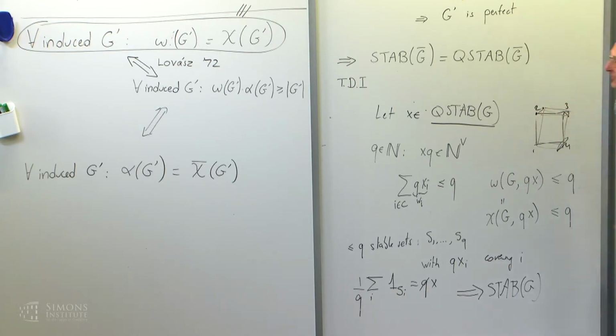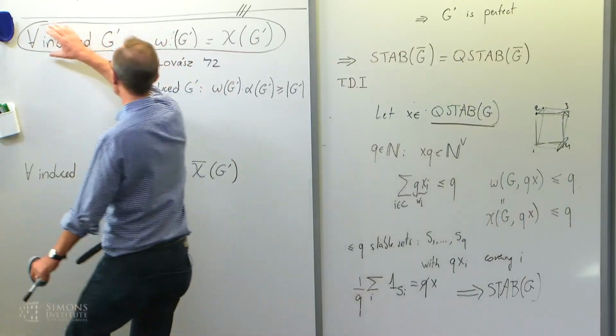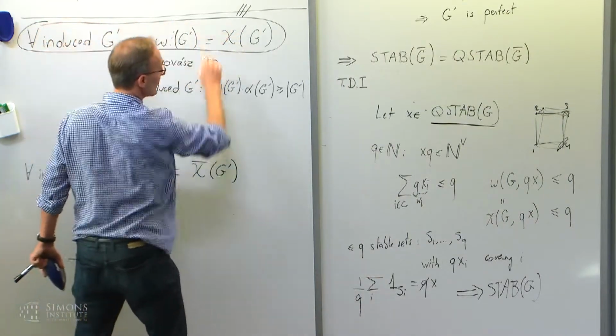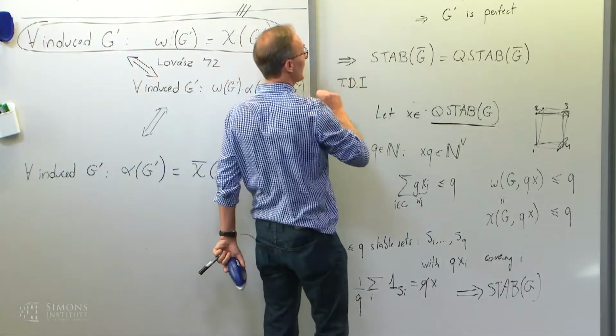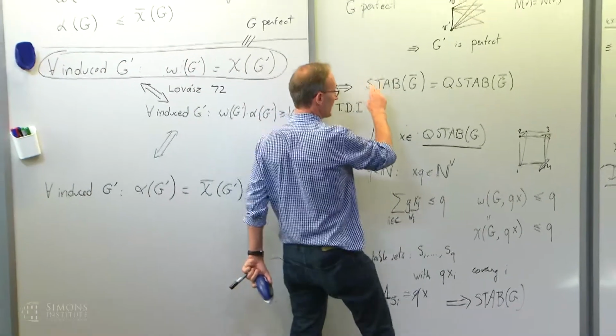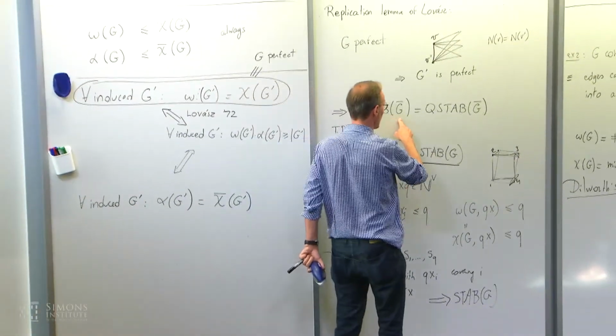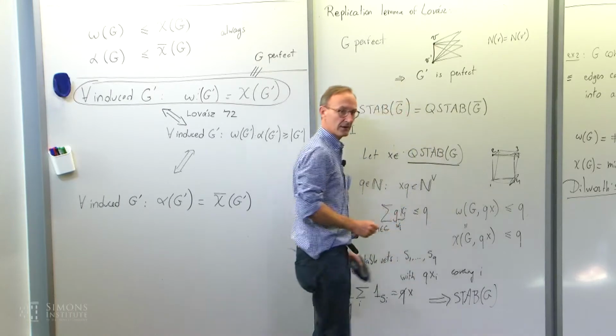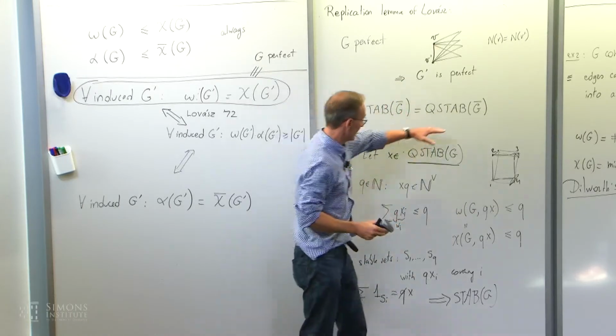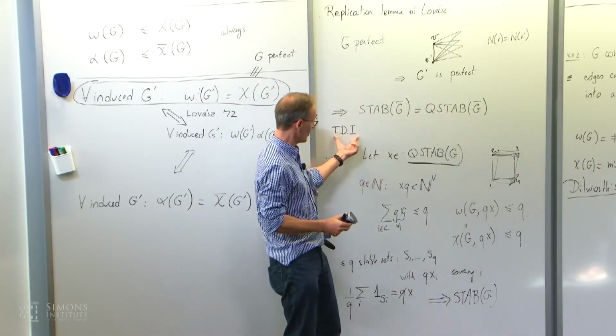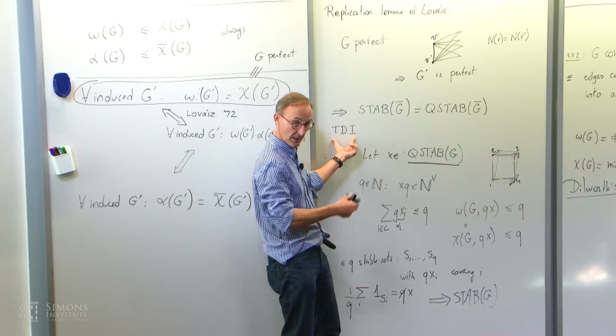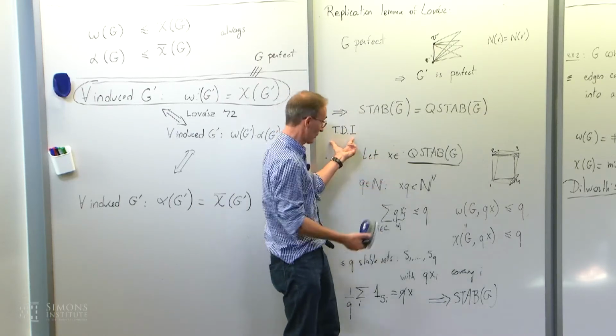What did we show? We first showed that if we assume this, then using this replication lemma, we can first get that stab of the complement of G is equal to Q stab of the complement of G. But we could also show a stronger result, that we had an integer dual solution.